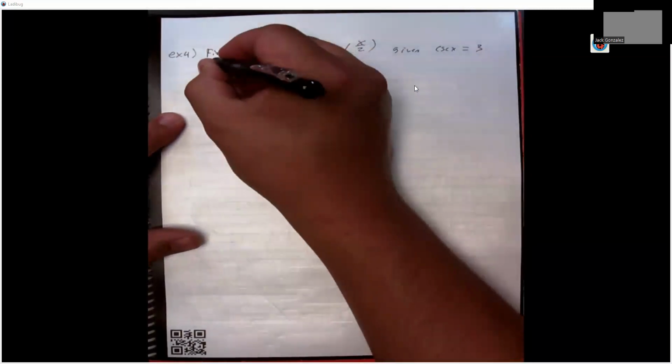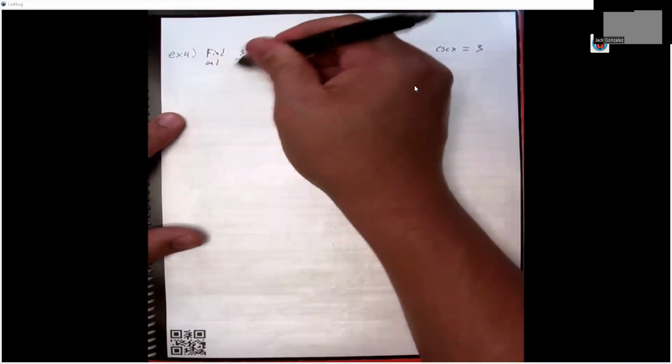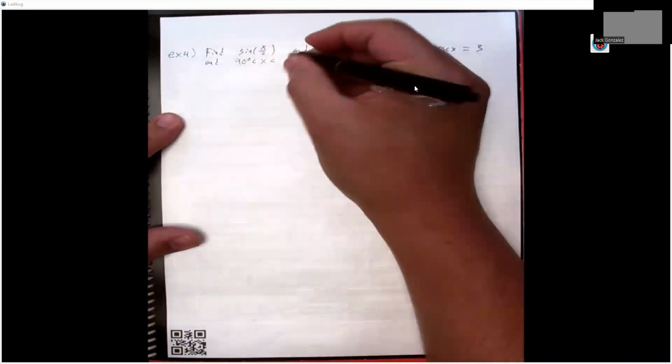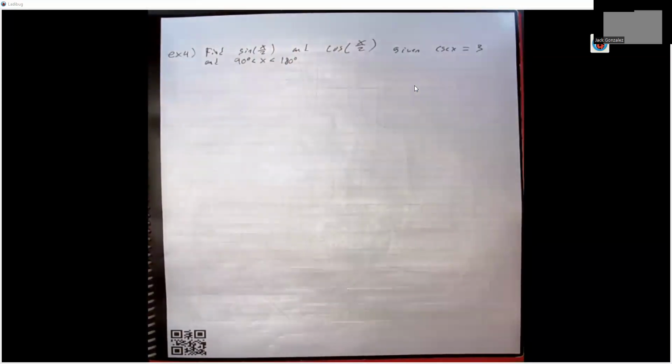Given cosecant x is equal to 3, and x is between 90 degrees and 180. What quadrant is that for x?